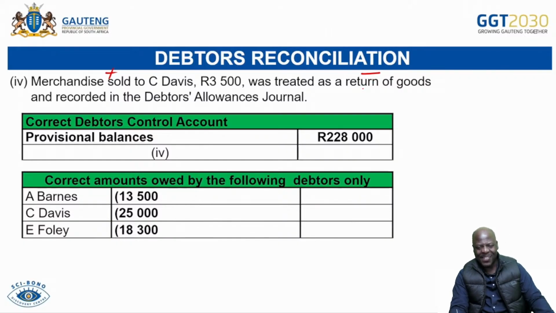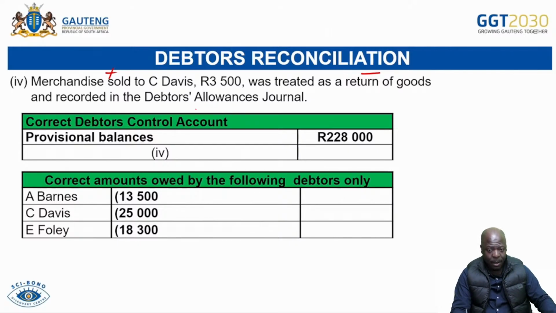So you can see now that this error is done everywhere, because it was treated as a return and recorded in the DAJ. That means the total of the DAJ is in error, as well as the posting from the DAJ to the debtors list. So here we have to correct everywhere.